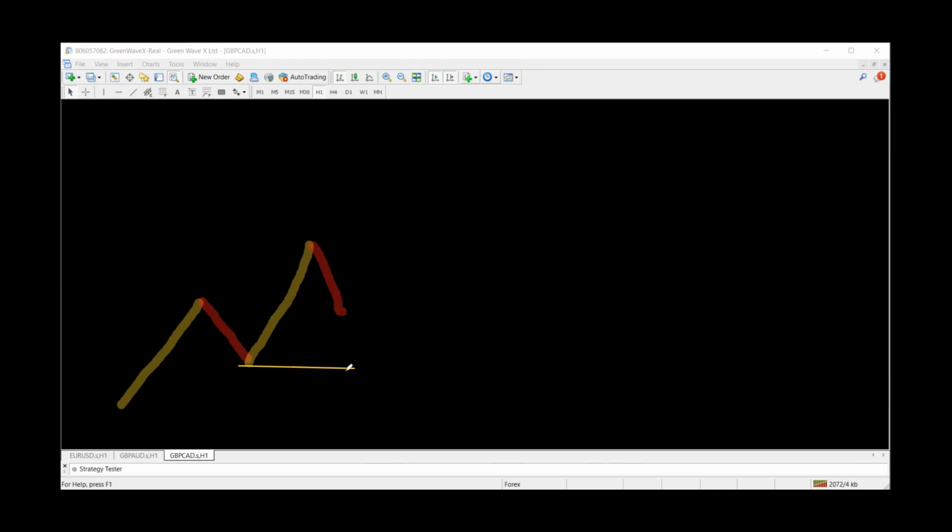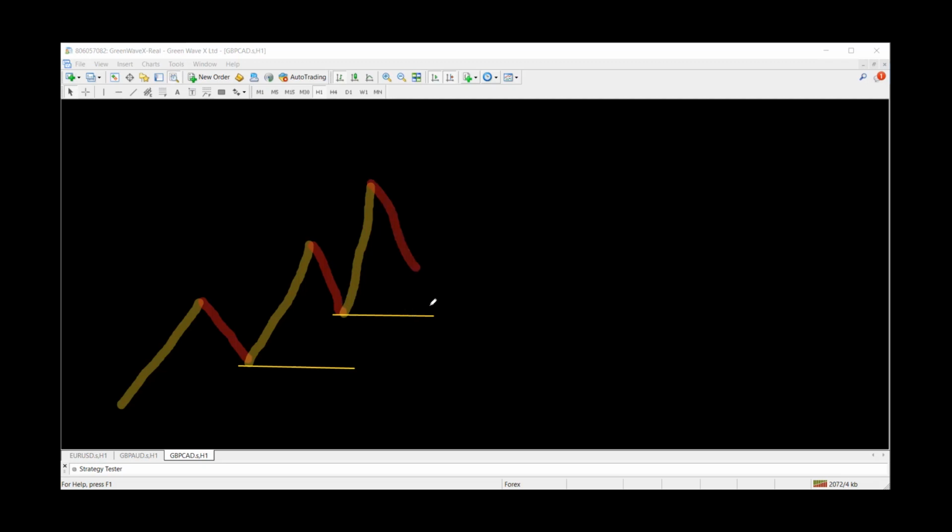But instead of changing its structure, it now continues to go high and breaks above this high. It means that what? The bullish trend continues. So when it continues, we have a higher low here, which now means that if the next correction is starting, it shouldn't touch here as well.